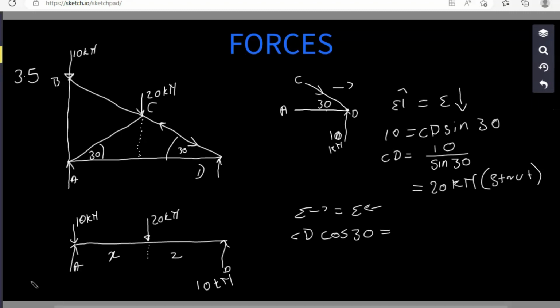And the force going in the other direction, we're going to give AD the direction to the left-hand side.